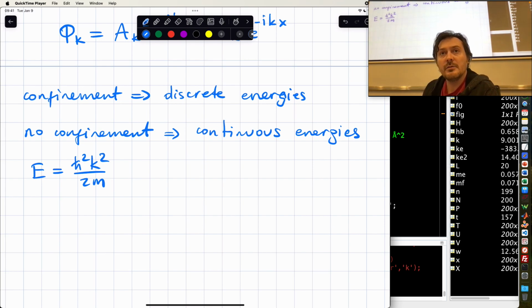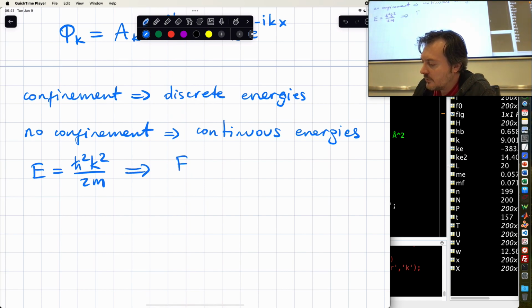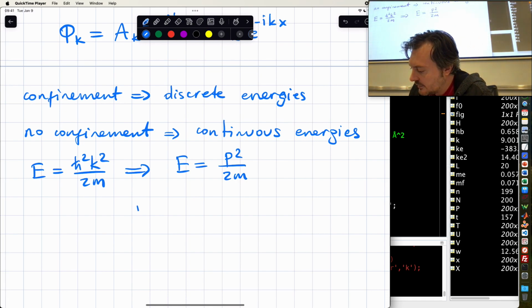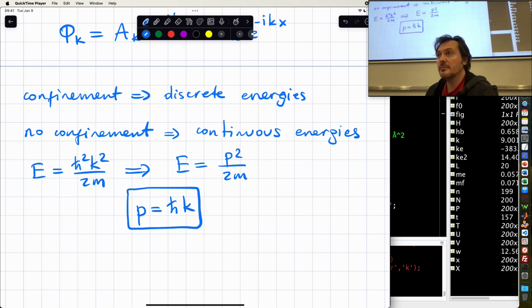Any question at all? You can compare this to E equals p squared over 2m. What does it tell you? Do you see that it's p equals h bar k?